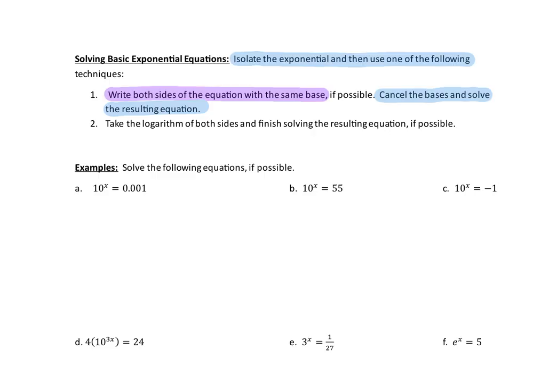So if we cannot write with the same base, we take the logarithm of both sides, and then we finish solving the resulting equation, if possible. All right, let's jump into some examples of this and see what we can do.